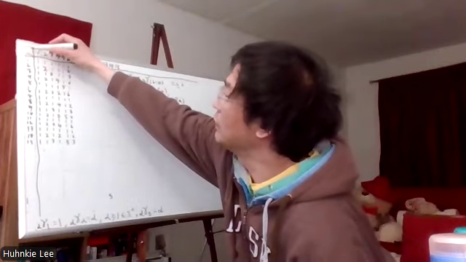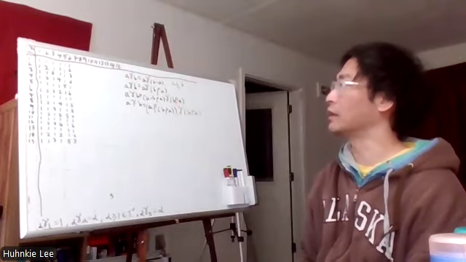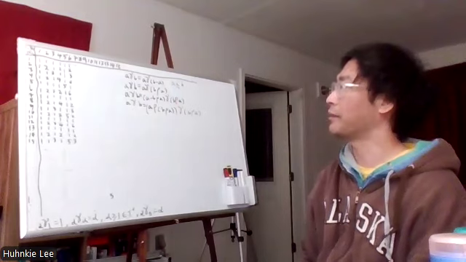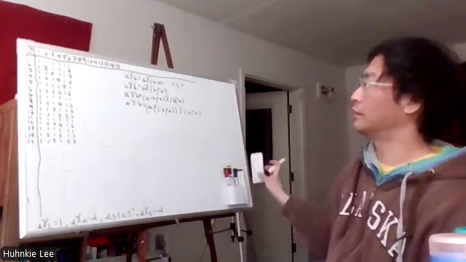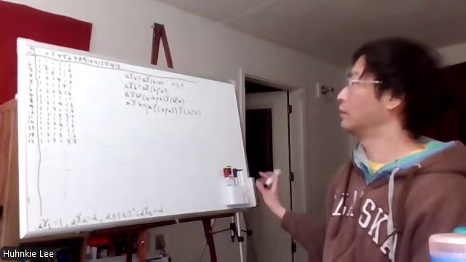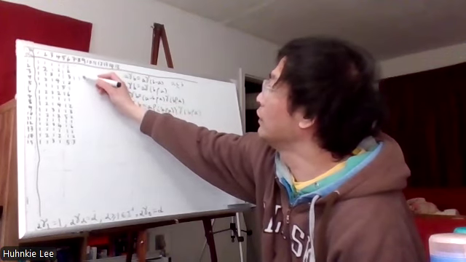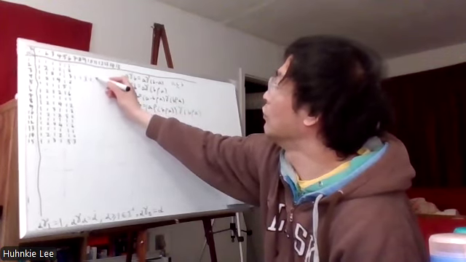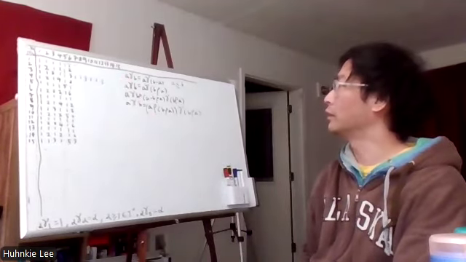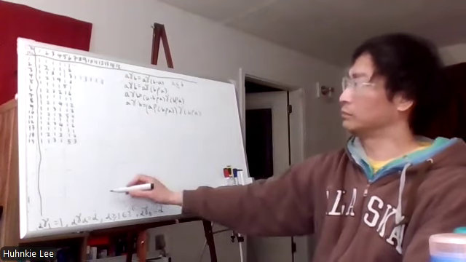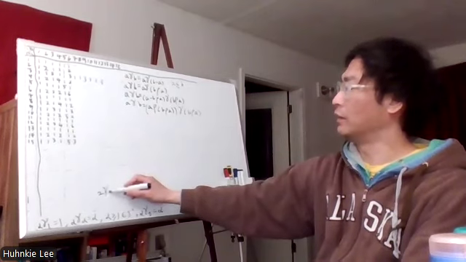Going back to a and b, if you go horizontal, okay? 1 gamma 3, 1 gamma 3, 1 gamma 3. So 2 gamma 12.